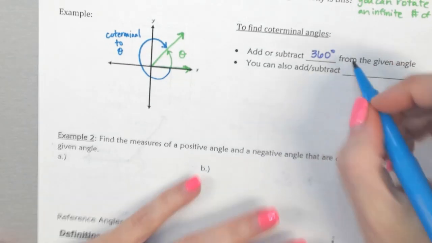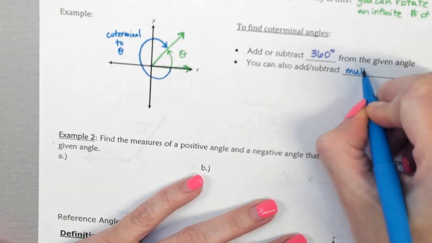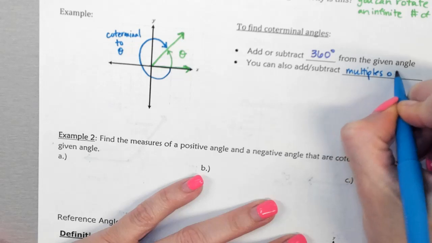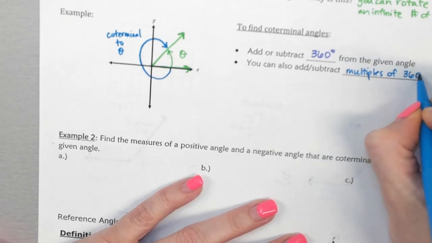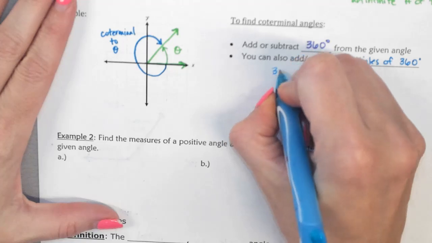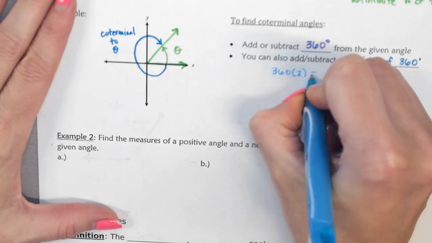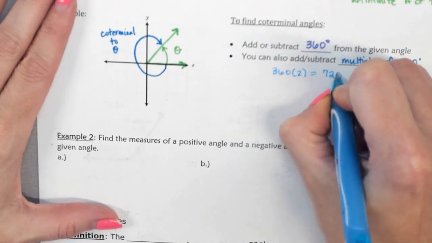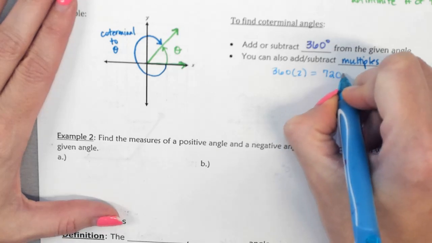You can also add or subtract the multiples of 360, which you can multiply to get there faster, but I'm going to show you some different strategies as well. We already talked about 360 times 2 is 720 because that was twice around.